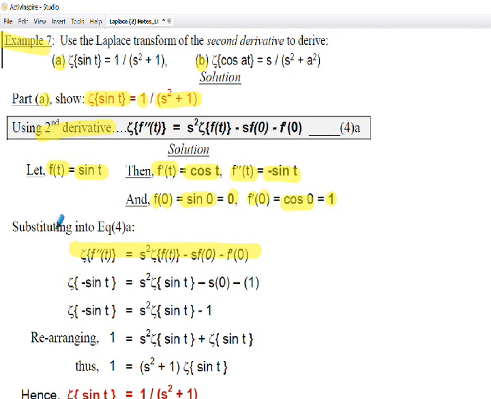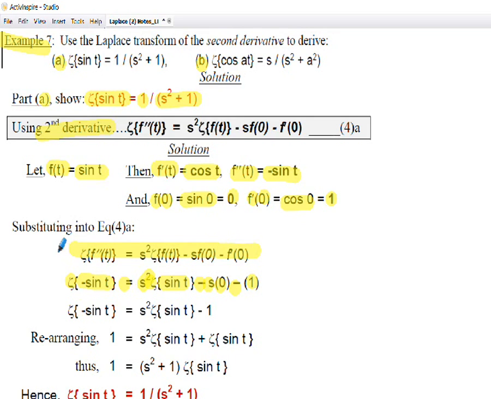On the left hand side we've got the Laplace transform of minus sine t, and that's equal to s squared times the Laplace transform of the function of t, which is sine t, take away s times the value of the function of t when t is equal to 0, which above we said was 0, and then we take away from that the value of the first derivative when t is equal to 0, which above we said is 1.